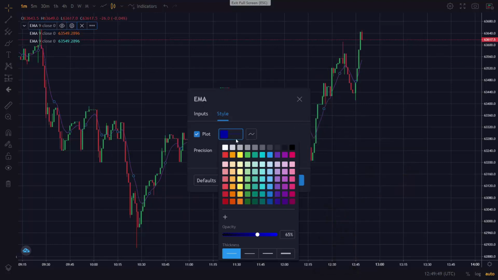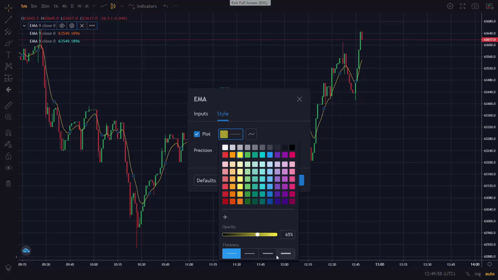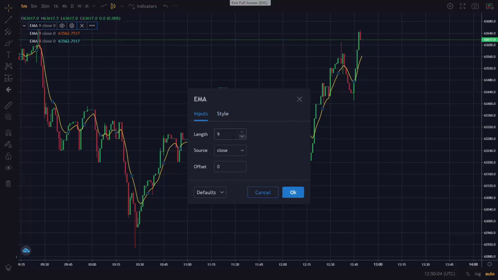So first we set our 20 period exponential moving average indicator, which will be yellow. Change the length to 20.